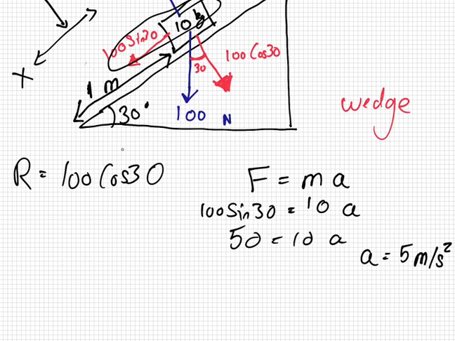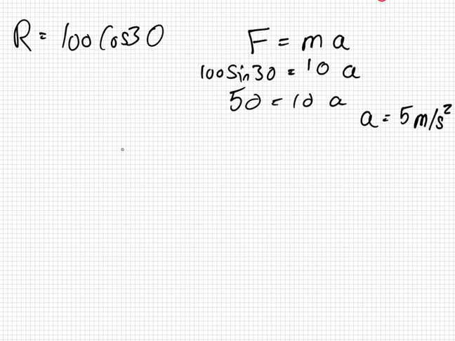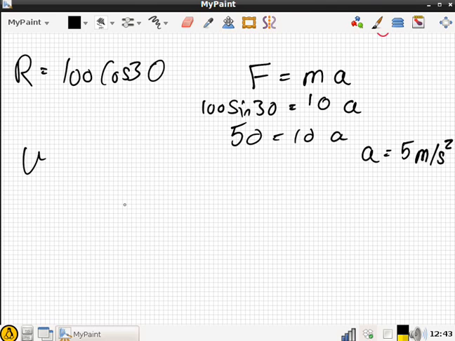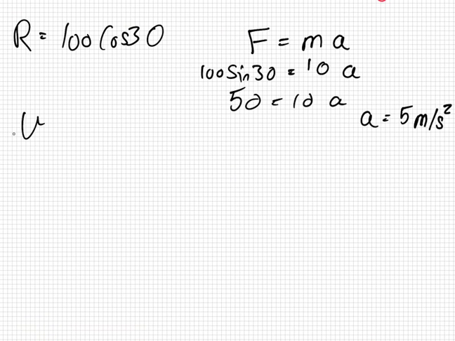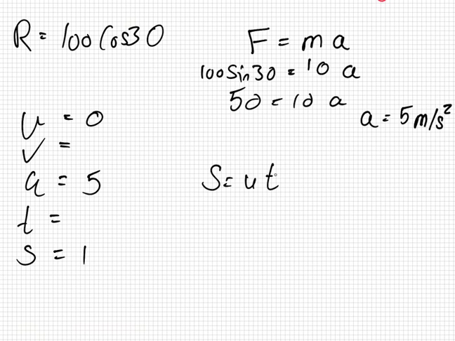Now let me show you. V, A, T, S: U is 0, V we don't know, A is 5, T we don't know, S is 1. So S equals UT plus half AT squared.